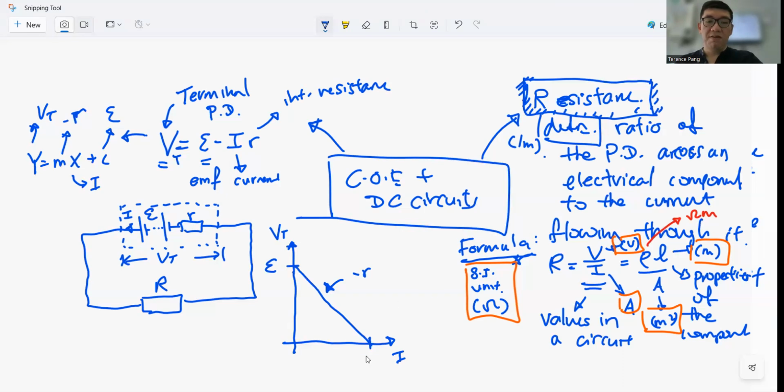Can you tell me what is the value of the x-intercept? What is the value of the x-intercept? If you have a Vt versus I graph, what is the value of the x-intercept?